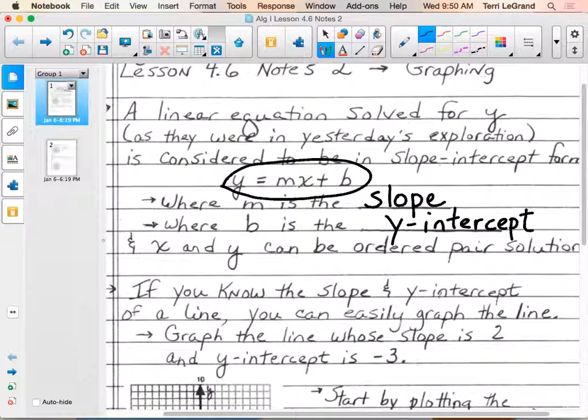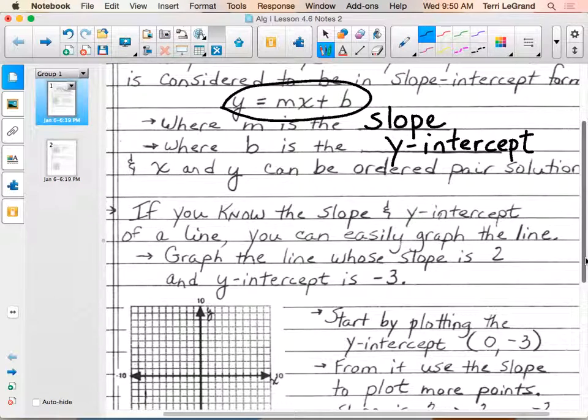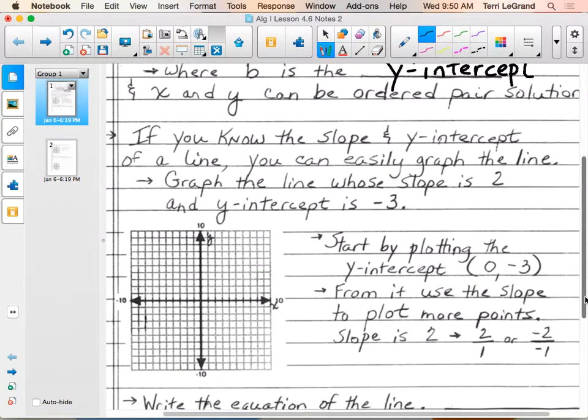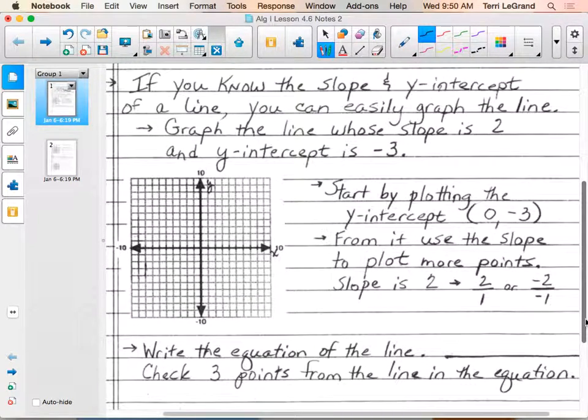Slope-intercept form is the most common way, typically, that you will use for graphing a linear function. The x and the y just stay x and y because we have several ordered pairs that can be put in for x and y, and they should make the equation true. So if you know the slope and the y-intercept of a line, you can easily graph it.